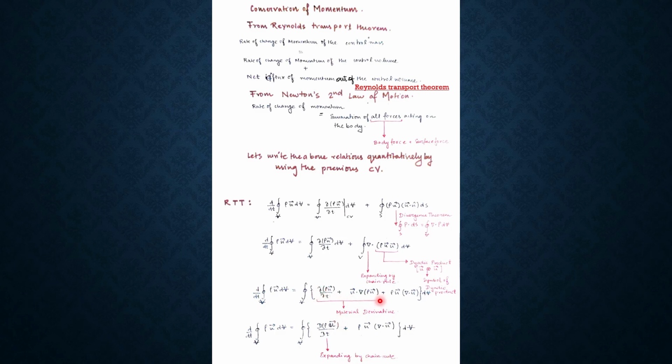Now this over here is the material derivative of rho u. So we write it that way. Now we can expand this by the chain rule.